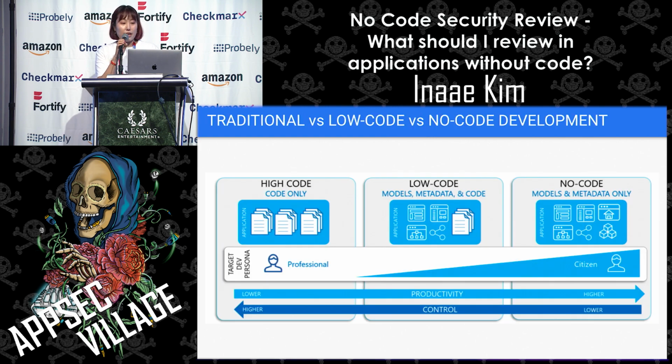Now, let's take a look at the high-level difference between traditional and low-code and no-code development. The picture shows that traditional development requires 100% code. Less is needed for low code, and then zero code is needed for no code in developing the application.